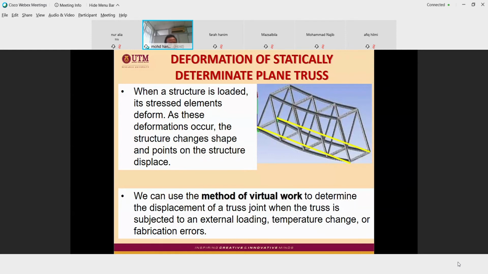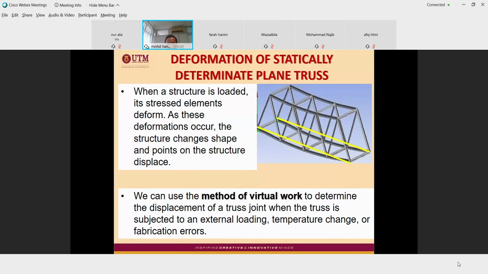Now, the next topic. We have about 1.5 hours for this topic on deformation of plane truss. In this case, it is statically determinate plane truss. We are not discussing the indeterminate truss. Only determinate truss. If it is about indeterminate truss, then we have to use another method, virtual work method or computerized software.